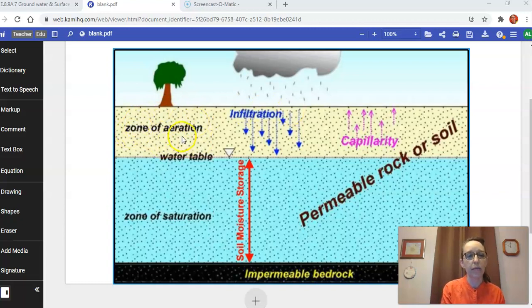You want to label the zone of aeration, the water table, the zone of saturation. You want all these parts, okay? So I want you to take a few minutes, draw that, and then we're going to add a little bit of details to it. Your teacher may need to pause the video so that you have time to draw this. I would recommend pausing it to draw.